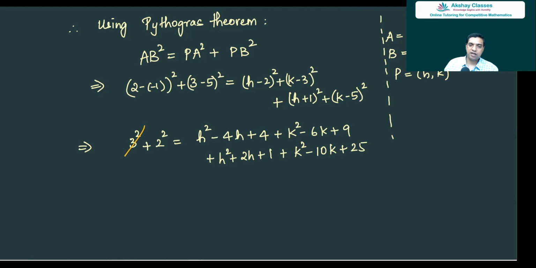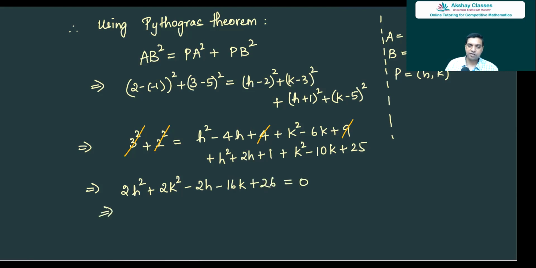Now 9 cancels, 4 and 4 cancel. Now h square plus h square is 2h square, k square plus k square is 2k square. Now minus 4h plus 2h is minus 2h, minus 6k minus 10k is minus 16k. Plus 1 plus 25 is 26.